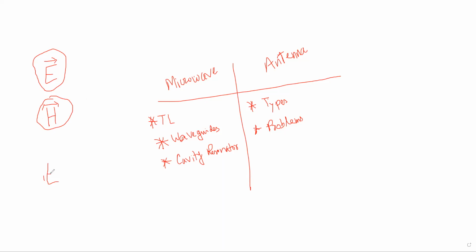So the electromagnetic field, the EM field. Microwave is actually an EM wave, an electromagnetic wave. And why is it micro? Because of the frequency.